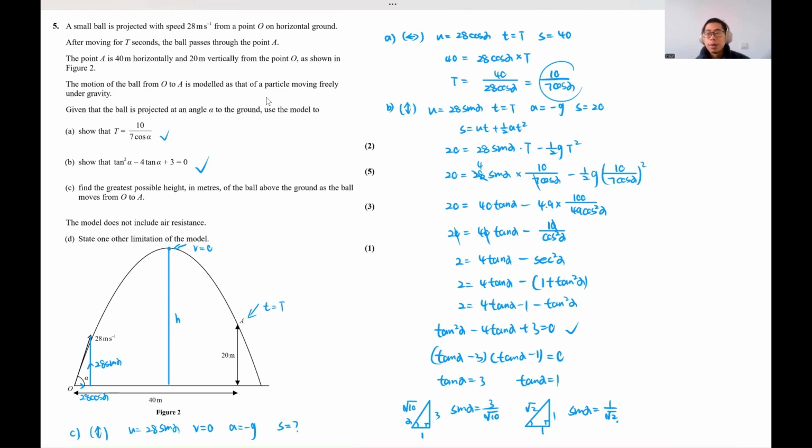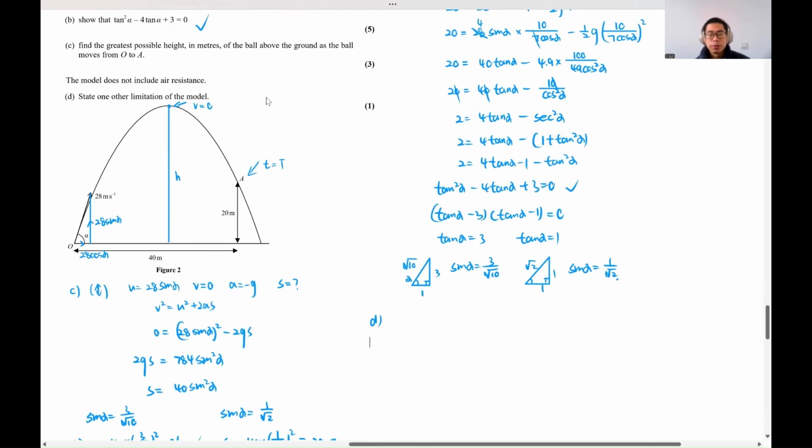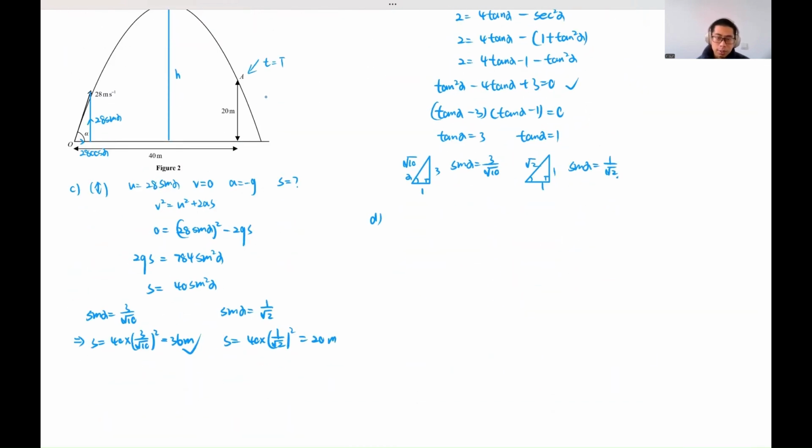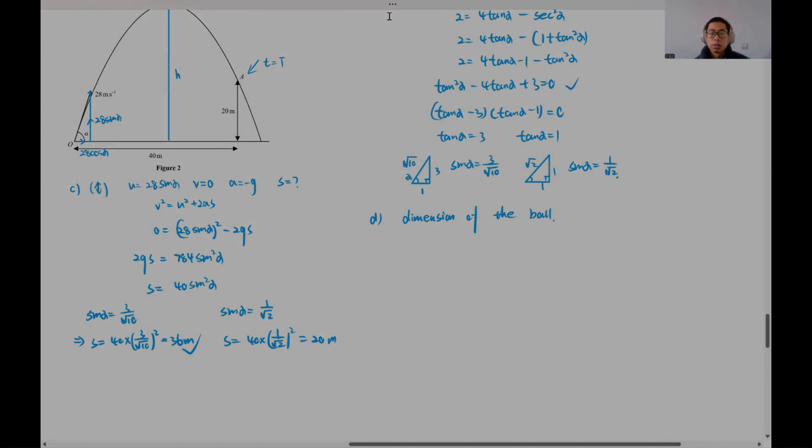And you can always say a more accurate value of g, something like this should be fine. So I will just write dimension of the ball. Then that'll be the answer for this question.